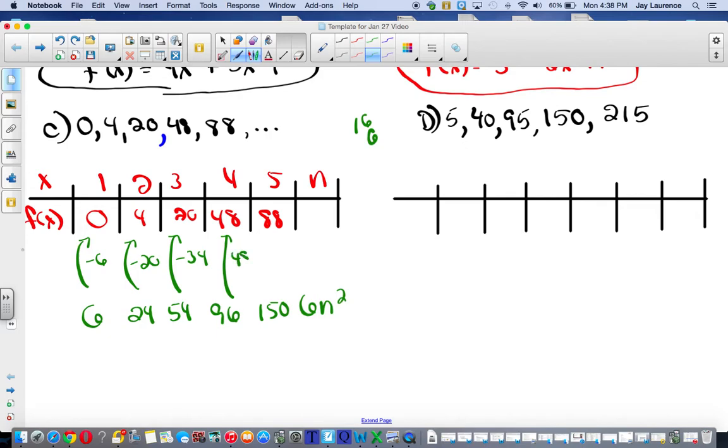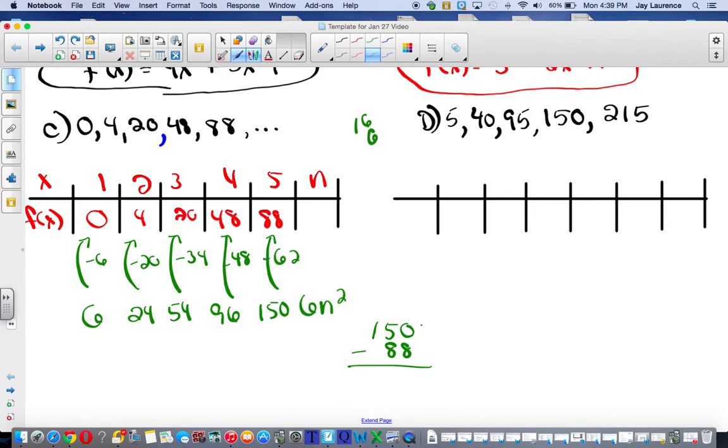It should be 48. Yeah, that looks right. Okay, minus 48. And then 150 minus 88. Yeah, I'm screwing up here. Okay, 62. That looks better, minus 62.